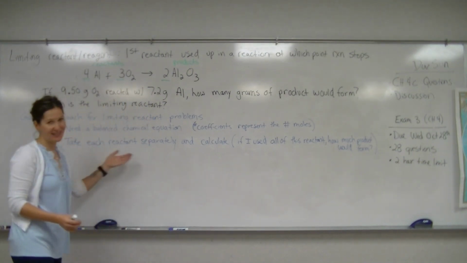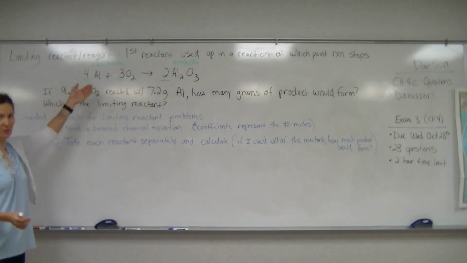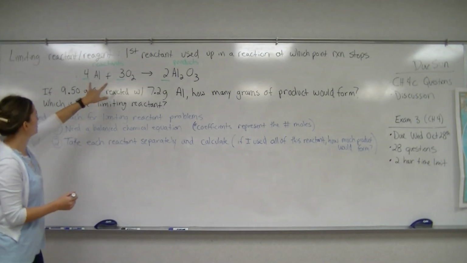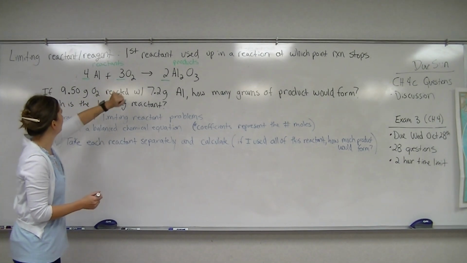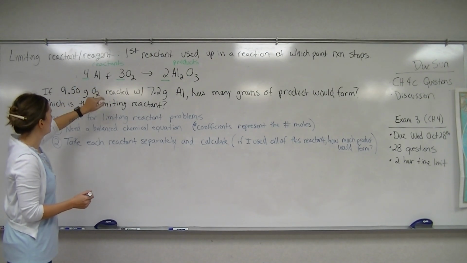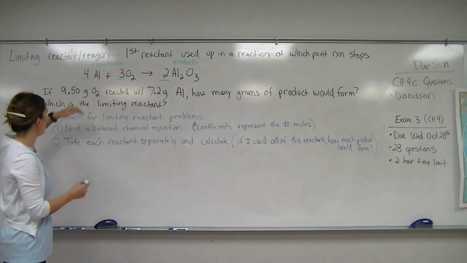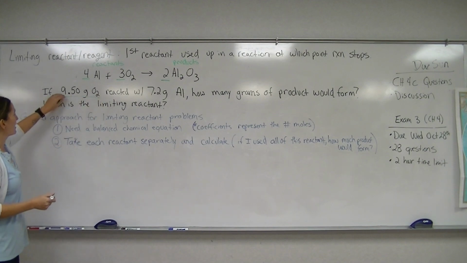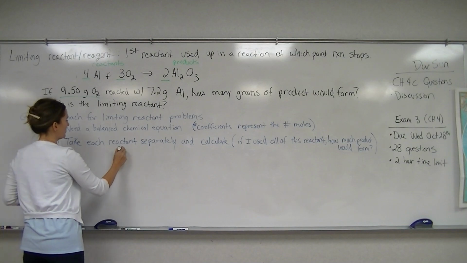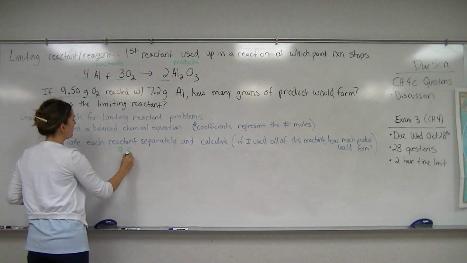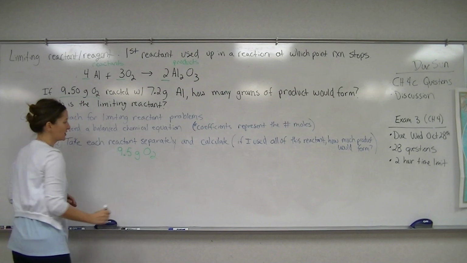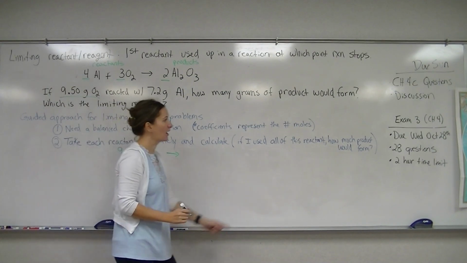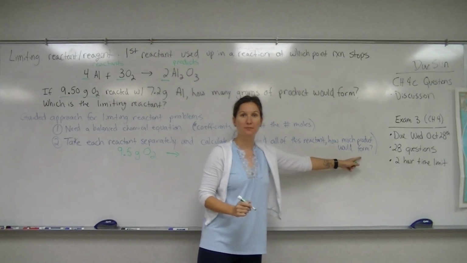So how does this step look? I'm going to apply it to this problem. I'm going to take each reactant separately. What are my two reactants? Oxygen and aluminum. I'm going to start with oxygen, since that's the first one they give me in the question. I'm going to ask myself, if I used all of that 9.5 grams of oxygen, how much product would form?